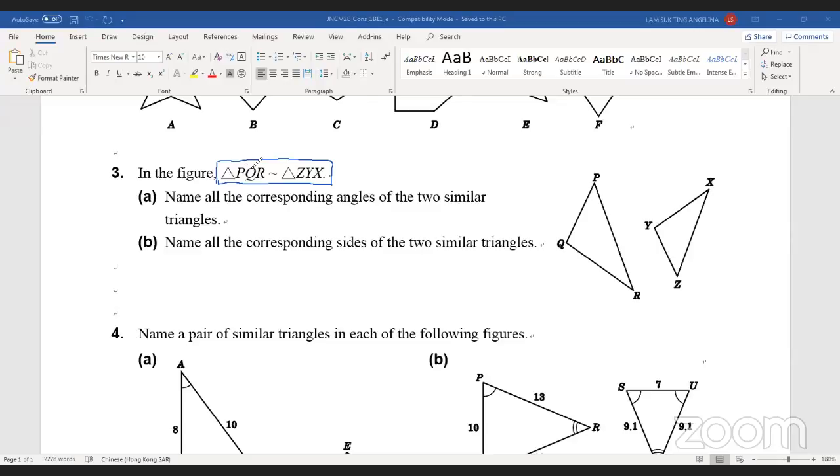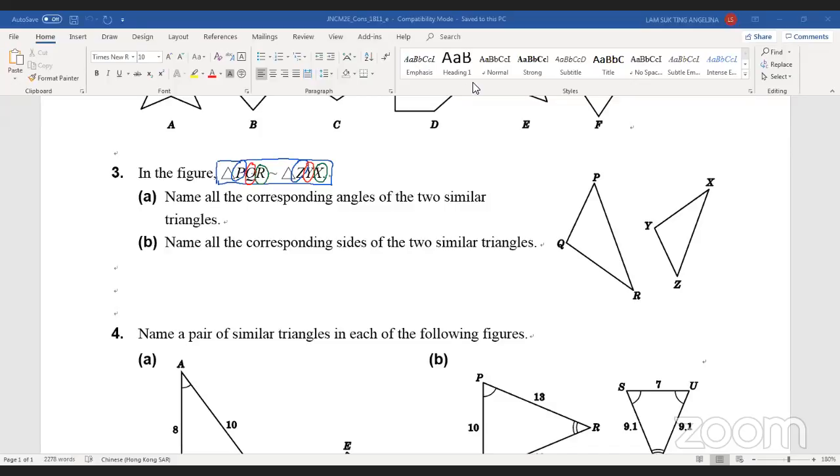Usually you can just look at the sequence of the triangles given. In this case, P corresponds to C, Q corresponds to Y, and R corresponds to X. You can just follow the sequence.